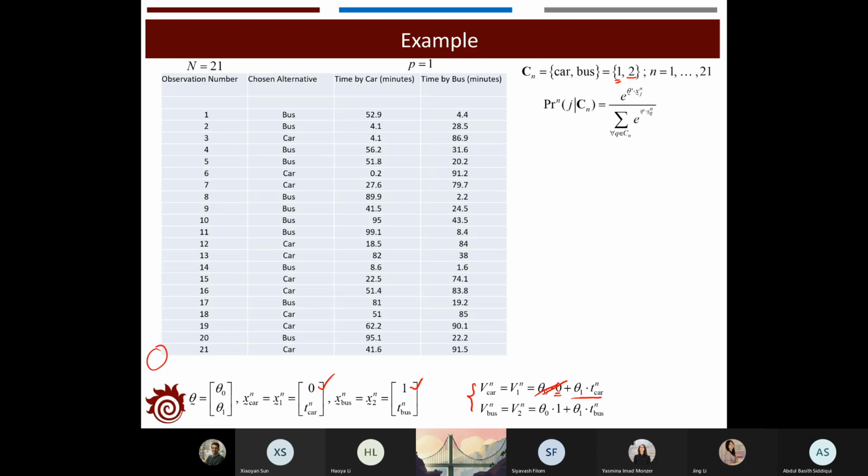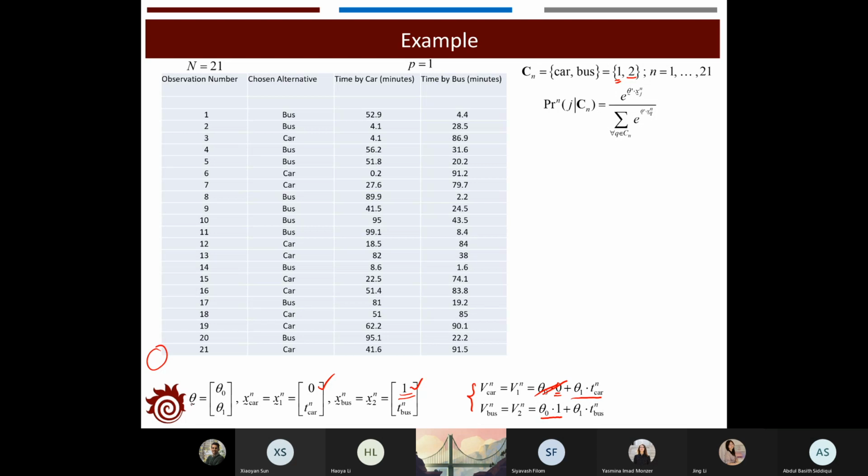And for the bus, V2n equals theta 0 times x02. In this case x02 is 1, so we have theta 0 plus theta 1 times the travel time of the bus. That's the definition of the deterministic utility for car and bus.